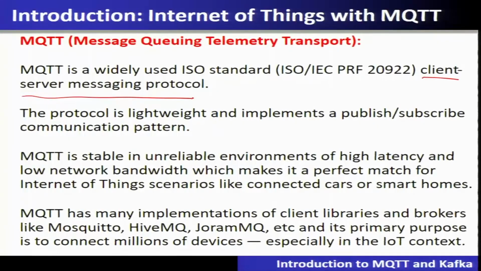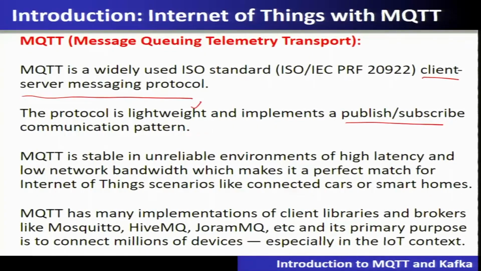This protocol is lightweight and implements the publish subscribe communication mechanism. MQTT is stable in unreliable environments of high latency and low bandwidth, which makes it a perfect match for Internet of Things scenarios like connected cars or smart homes.